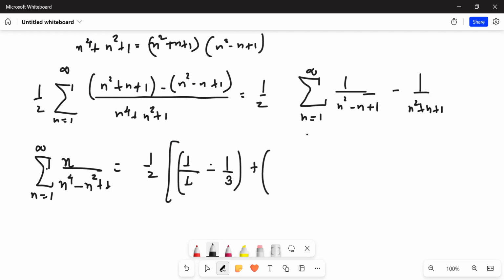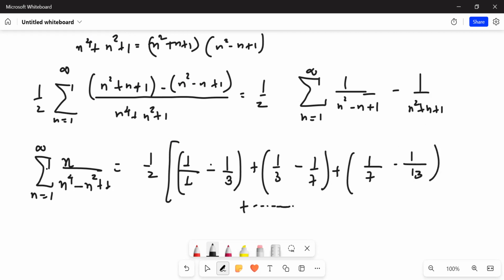Plus, if I place n equals 2, this is 4, minus 2 is 2, plus 1, this is 1 by 3, minus 1 upon 7. Again, if I place 3, this is 1 upon 7, minus 9 plus 3 plus 1, which is 1 upon 13. And this is how it is going to be.